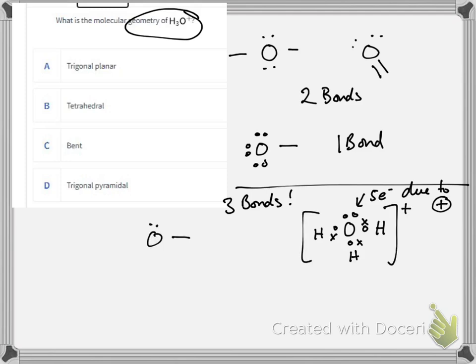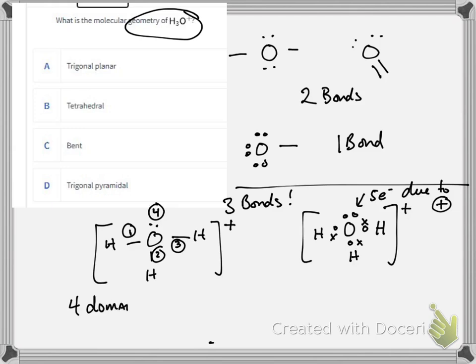Right, and just keep in mind, oxygen with the positive charge is very similar to nitrogen. It has the same number of electrons as nitrogen. So what does this tell us about its molecular geometry? Well, if we count up the domains, there are 4 domains, 3 single bonds and 1 lone pair. So that gives us an electronic tetrahedron.